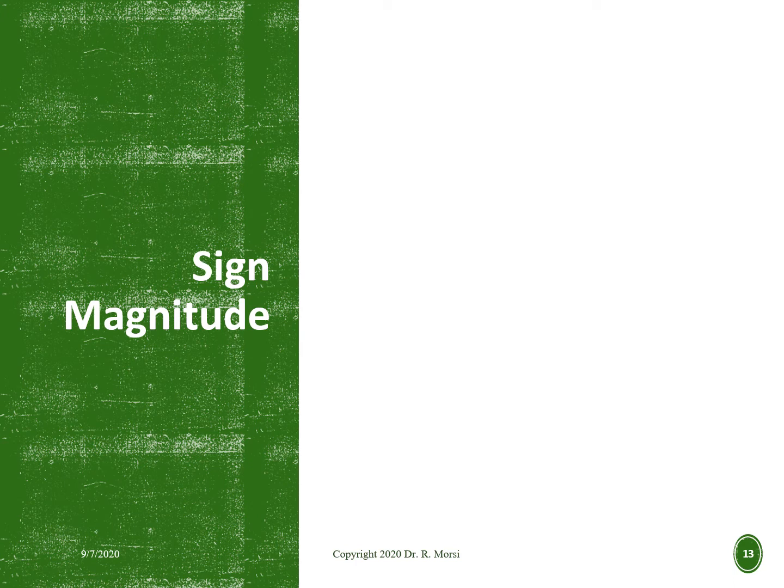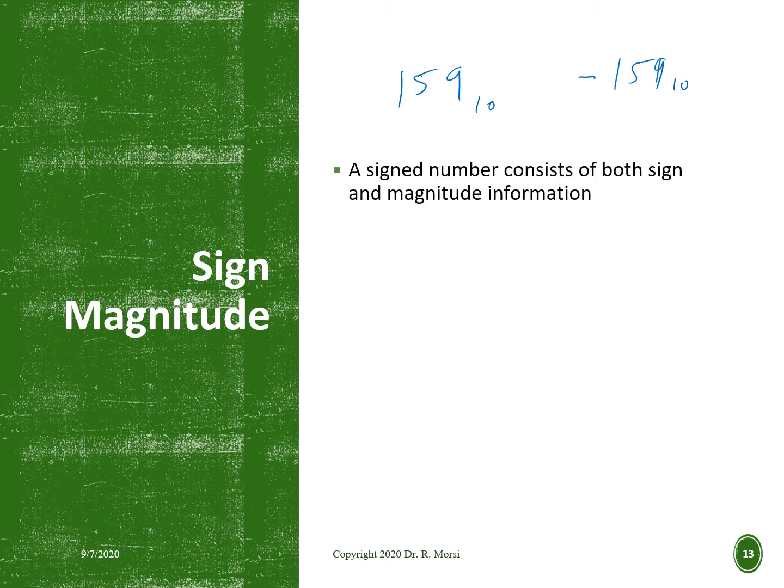So the next way to look at negative numbers is sign magnitude. Just like we have in decimal, if I have 159 and it's a positive number, to make it negative, I just put a negative sign and say minus 159 in base 10, right? So with sign magnitude, a signed number consists of both a sign and a magnitude information.